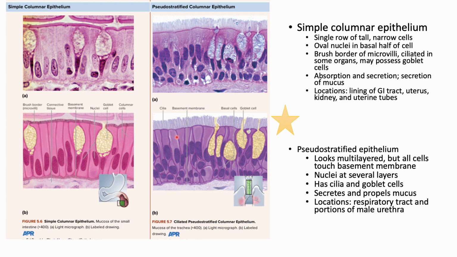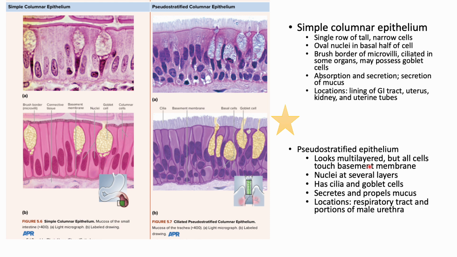It has a somewhat columnar shape, but you can see it tapers out and it still touches the basement membrane. All of these cells still touch the basement membrane. So it looks multi-layered, but all cells touch the basement membrane. This is pseudo, or fake, stratified columnar epithelium.